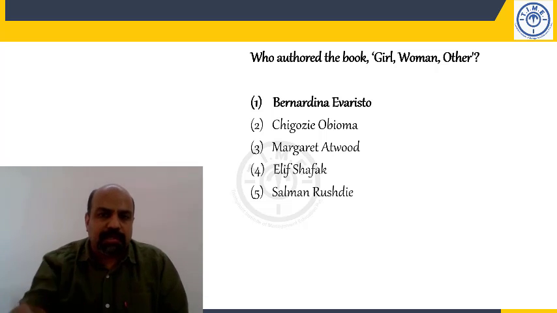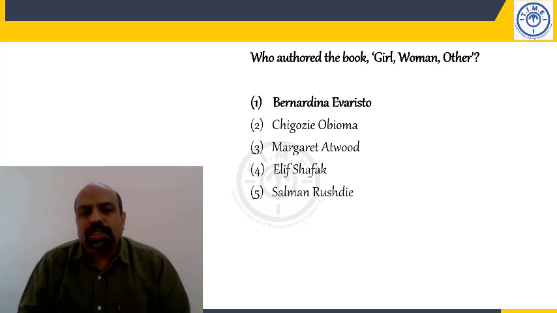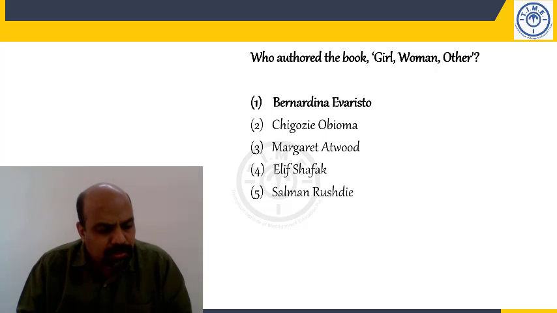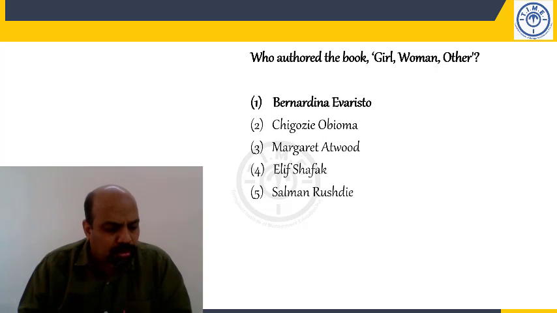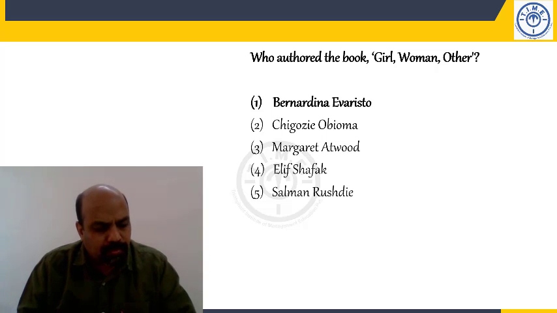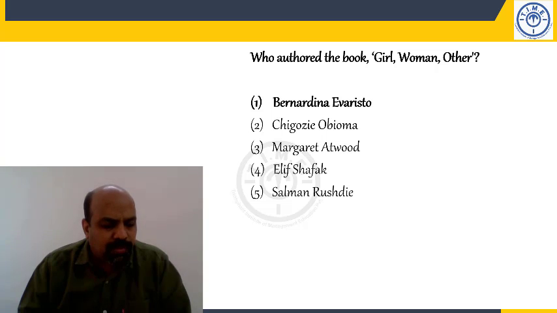The 4th one, if you want, I will tell you that also. Chigozie Obioma, author of An Orchestra of Minorities.